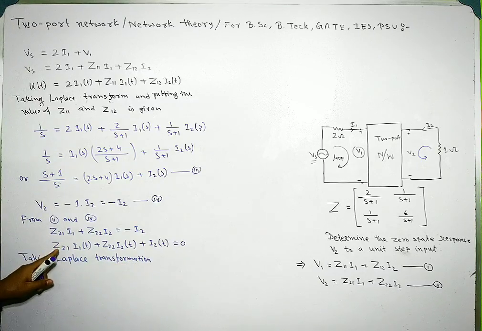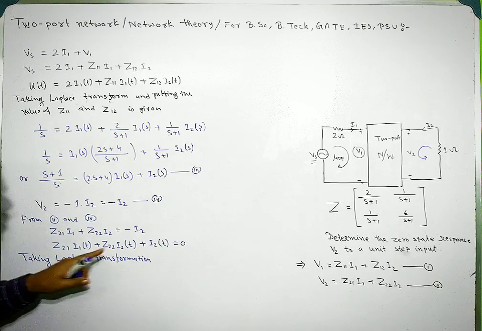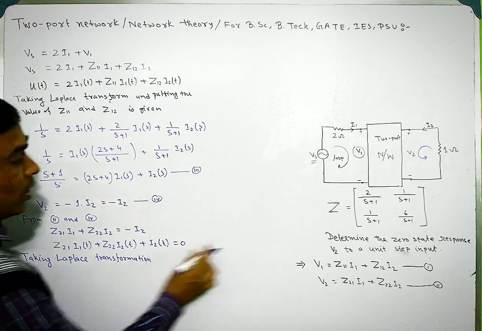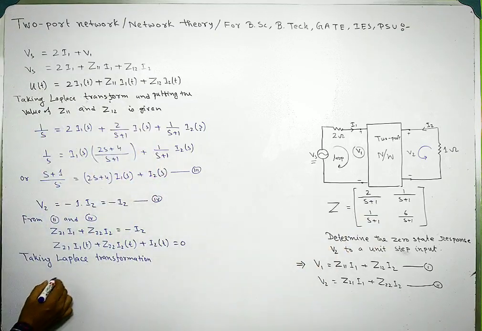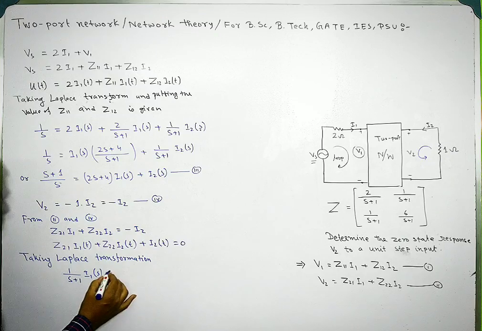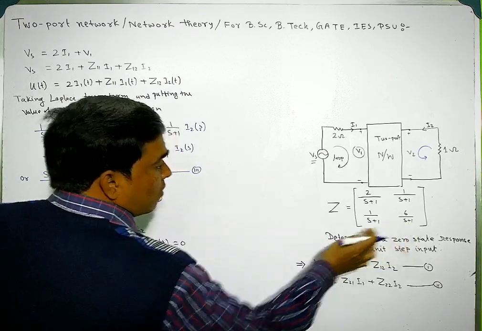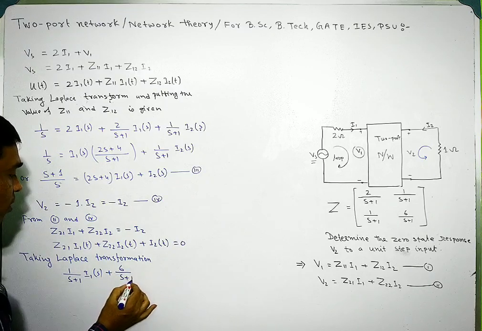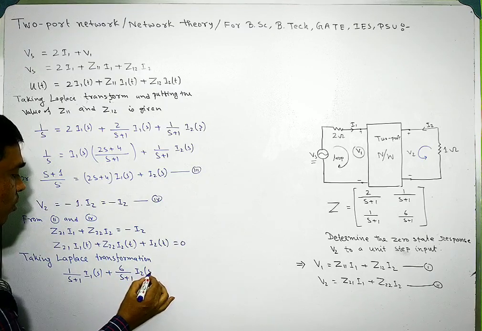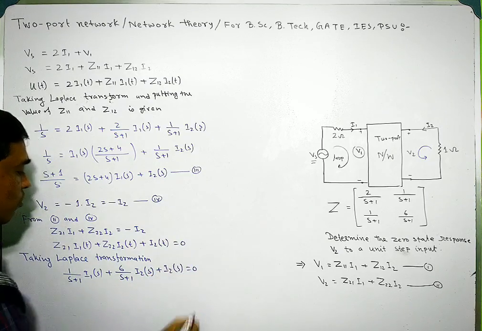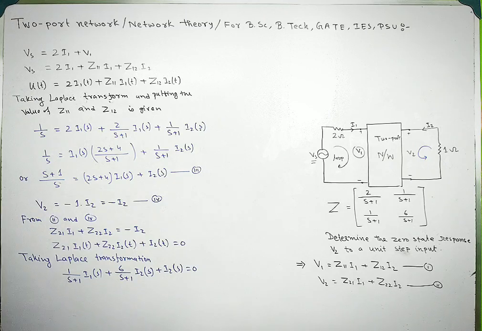Now taking the Laplace transformation and putting in the values of Z21 and Z22, Z21 is 1 by s plus 1, so it will be 1 by s plus 1 into I1(s) plus Z22, that is 6 by s plus 1, into I2(s), plus I2(s) equals 0.